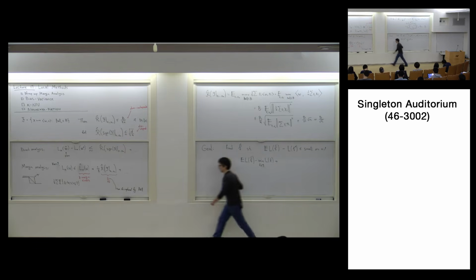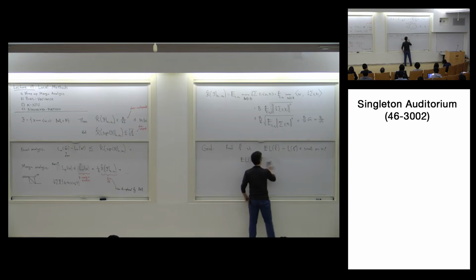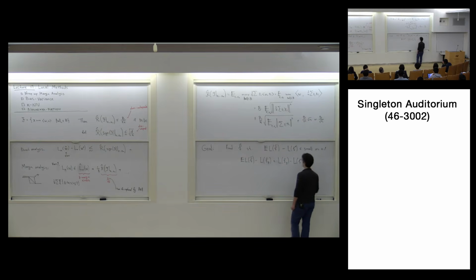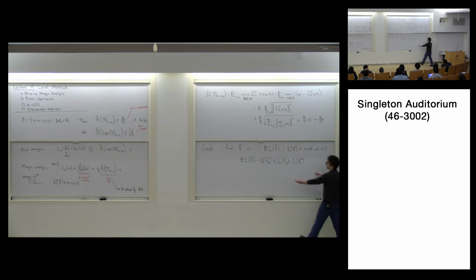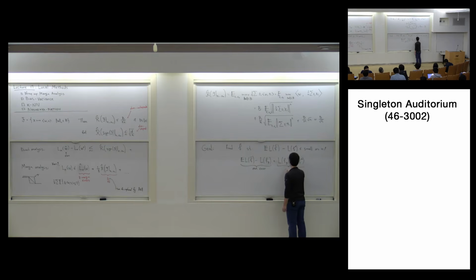If you remember our notation, this was L of f hat minus L of f sub capital F, plus L of f sub capital F minus L of f star. That was our way to break up this problem into two parts. This is the estimation error, and this is the approximation error.